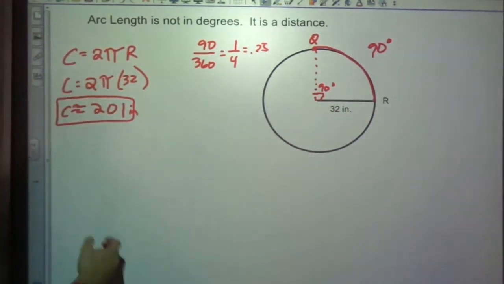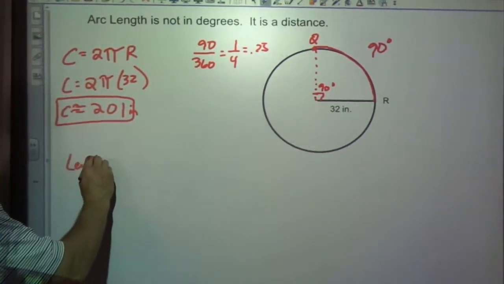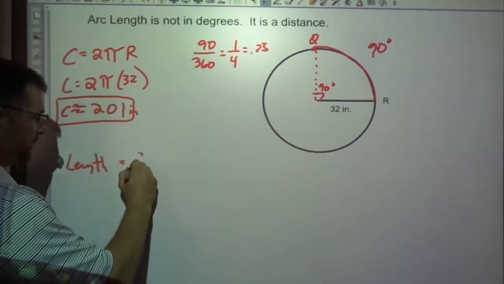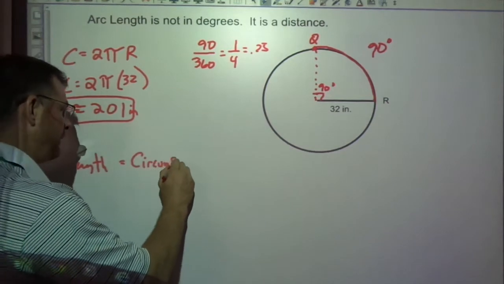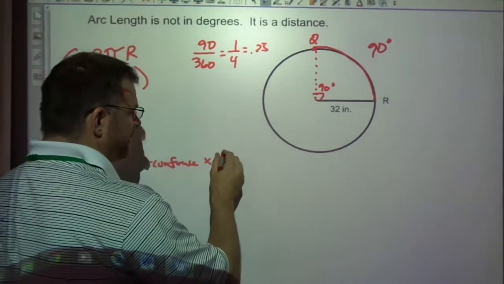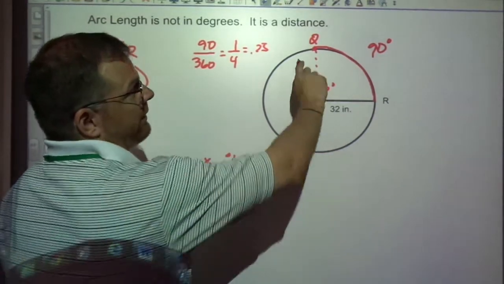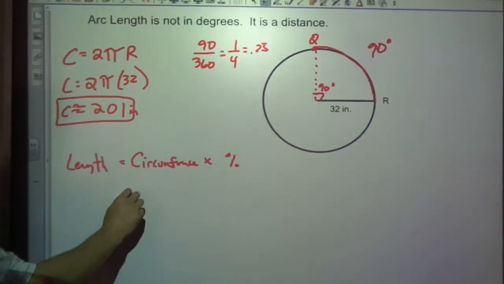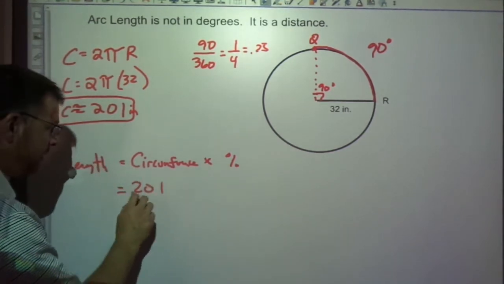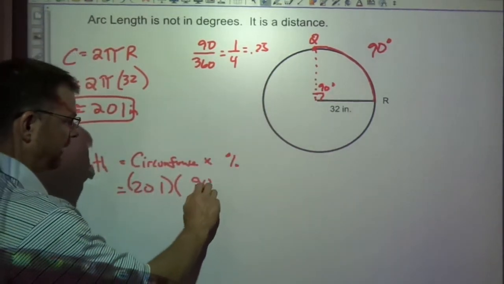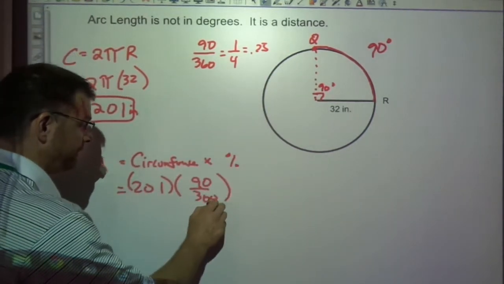So if I wanted to find the arc length, I need to take the whole circumference times the fraction or the percent that this part is out of the whole. So in this problem, I'm going to take 201 times the fraction that this is, which is 90 out of 360.